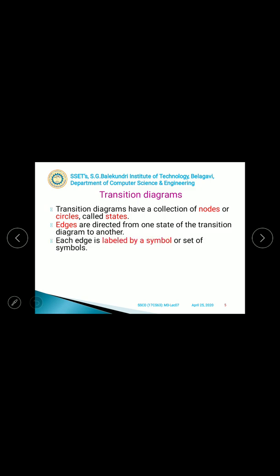It means that when you are moving from one state to another, you should know on what input you are moving. Your transition diagram can have one or more final states. Once you reach the final state, your lexical analyzer is going to consume that particular input. And your transition diagram must also have one start state. In the entire transition diagram, there must be only one start state, but you can have more than one accepting state.